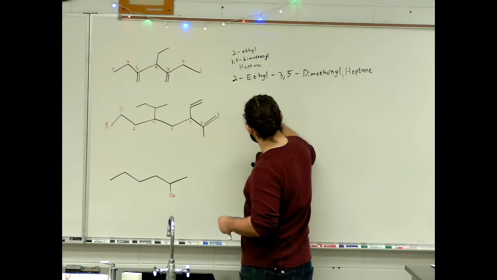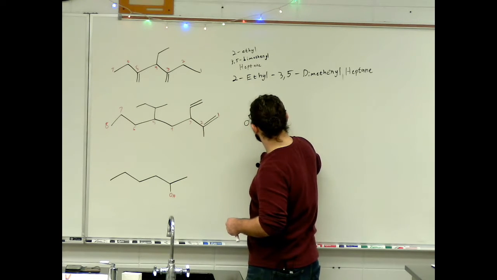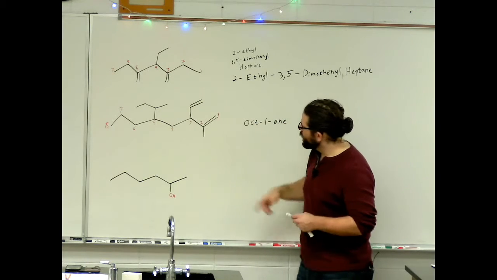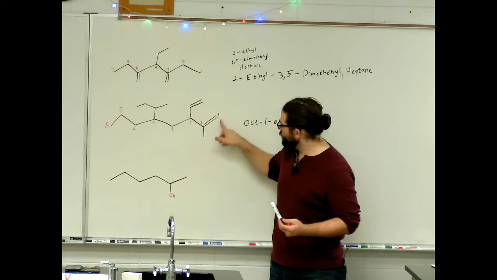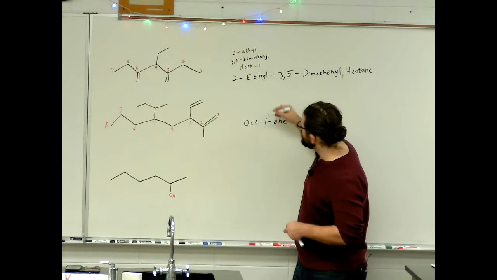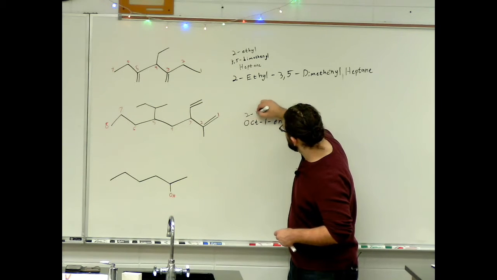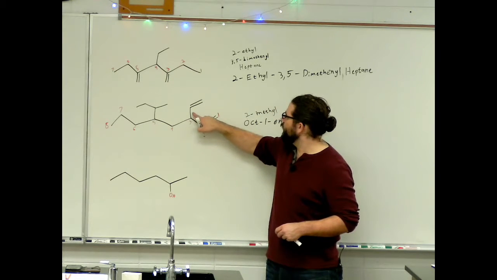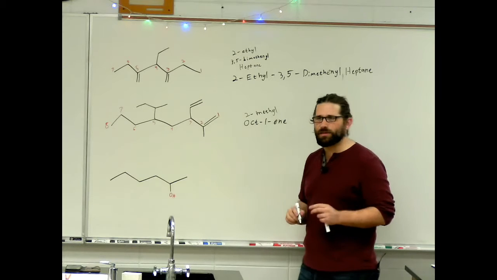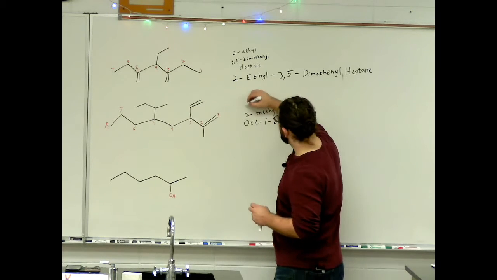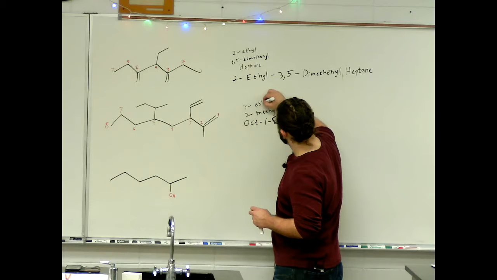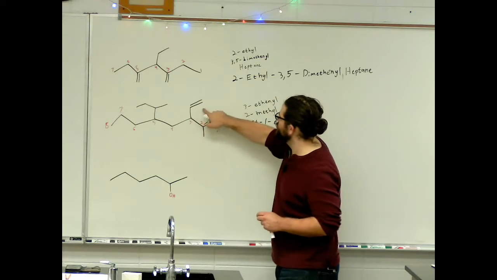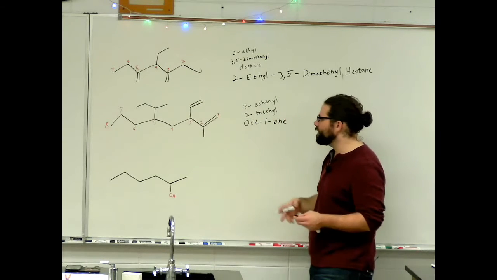So this is going to be oct-1-ene. Okay. Now what are my side chains? Well, first at the number 2, I've got 2-methyl. What else? At the 3, I've got a 1, 2, an eth-N-il. N for the double bond, il for the side chain, eth for the 2 carbons. Okay, that all makes sense.